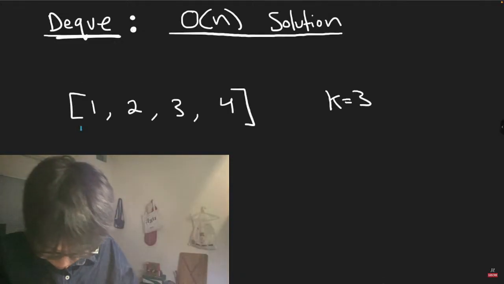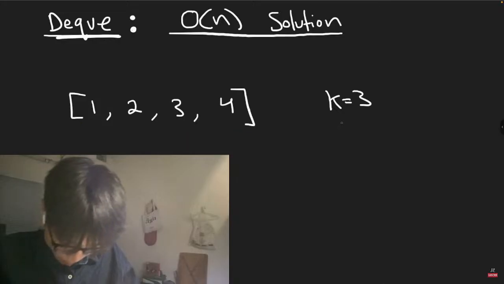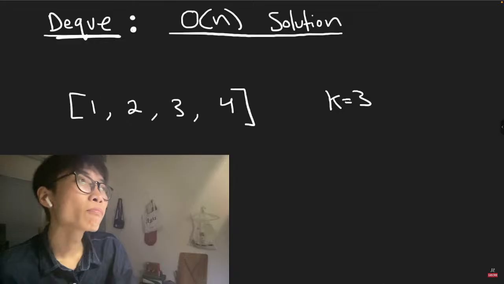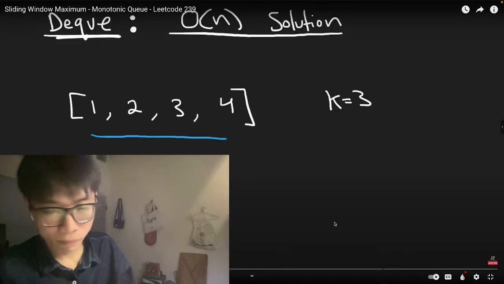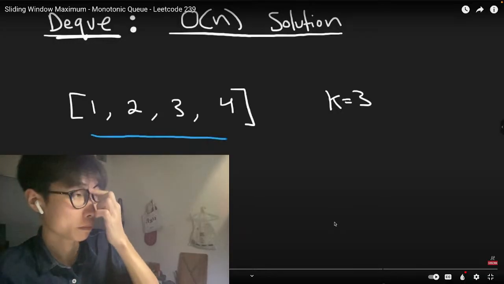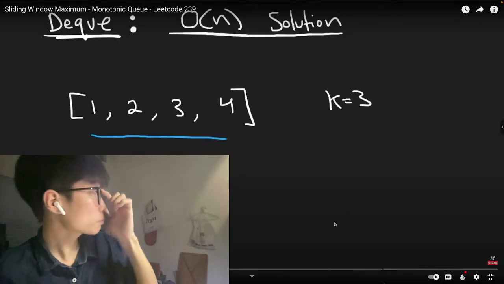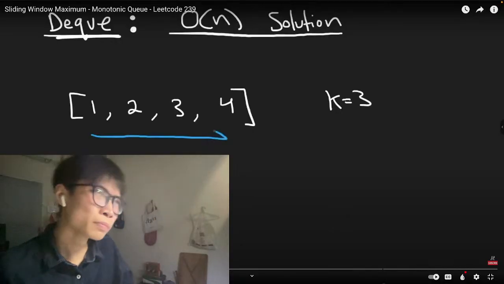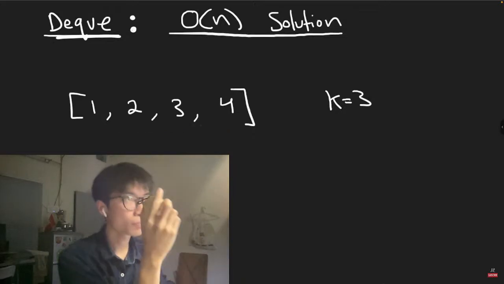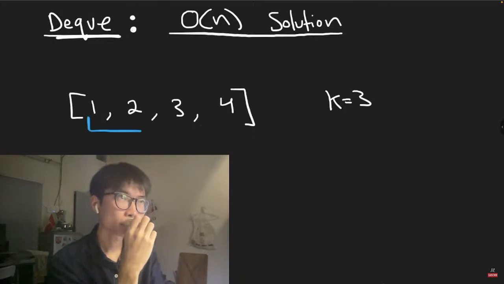So let's say this is our input array. We have 4 numbers and our window size is going to be 3, so k equals 3. Notice how these values are in increasing order, 1, 2, 3, 4. Now look at our first window.